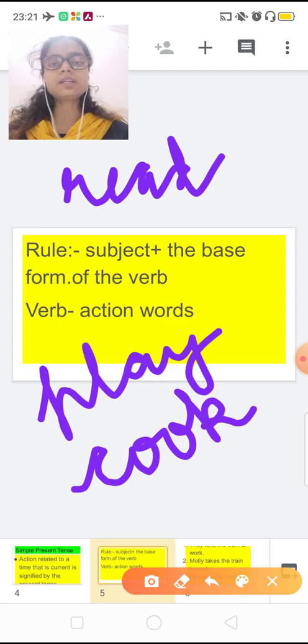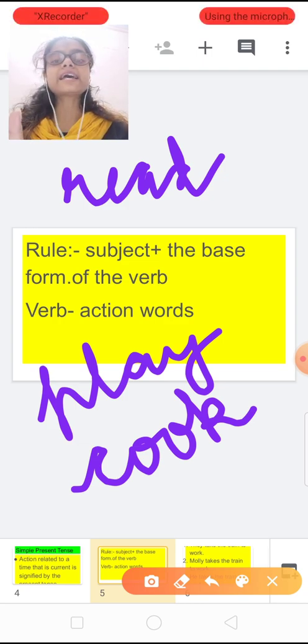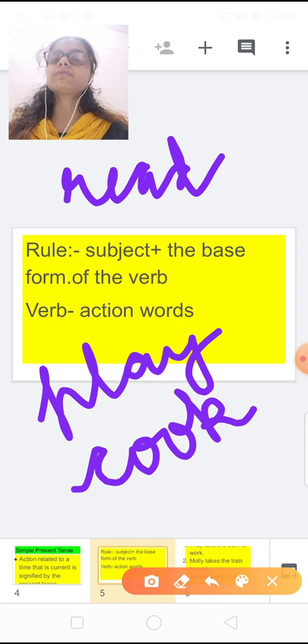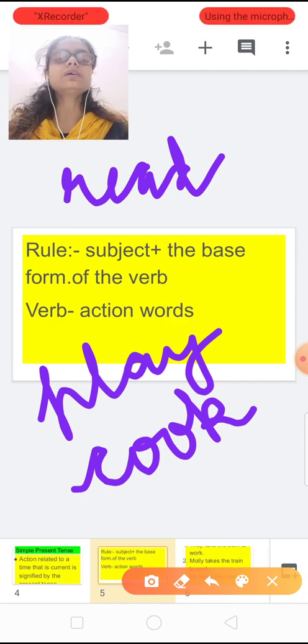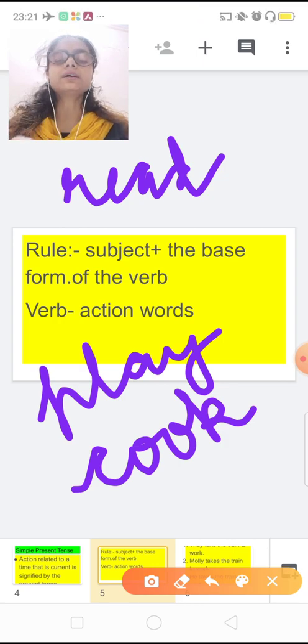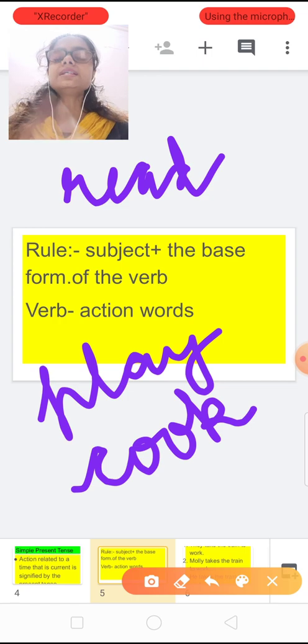So let's take one noun as a subject. I'll take one name, Ritu. Now we have to add a verb with this: Ritu read. Now Ritu read is not correct here. Ritu reads.